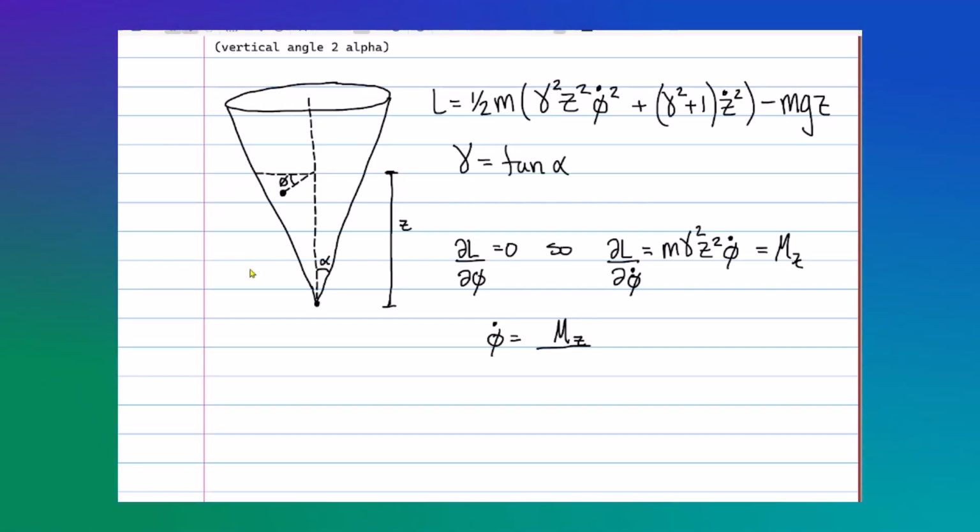Now we can solve for phi dot itself in terms of the angular momentum and z and our constants. And we can use this to eliminate phi from our equation altogether.